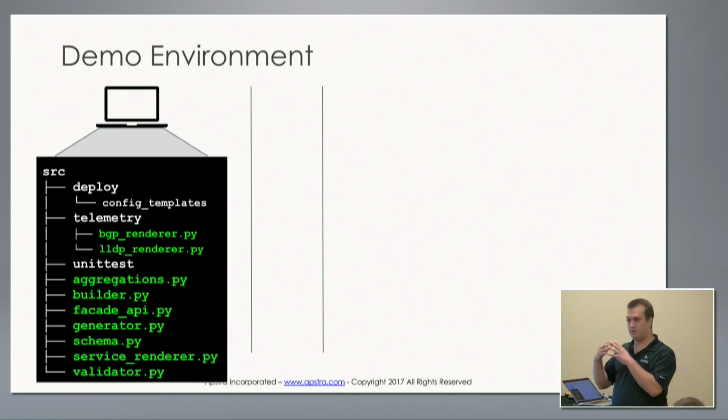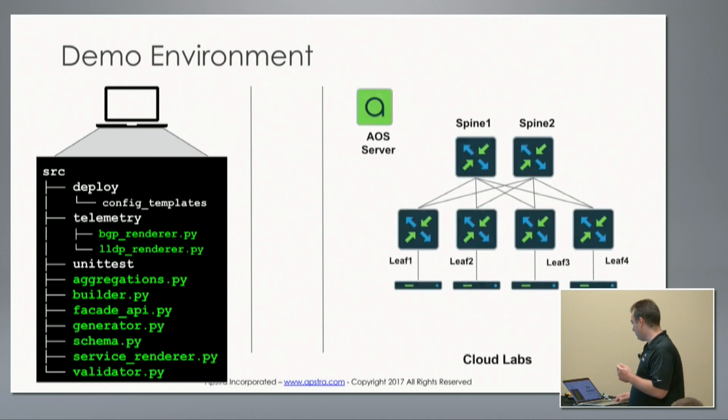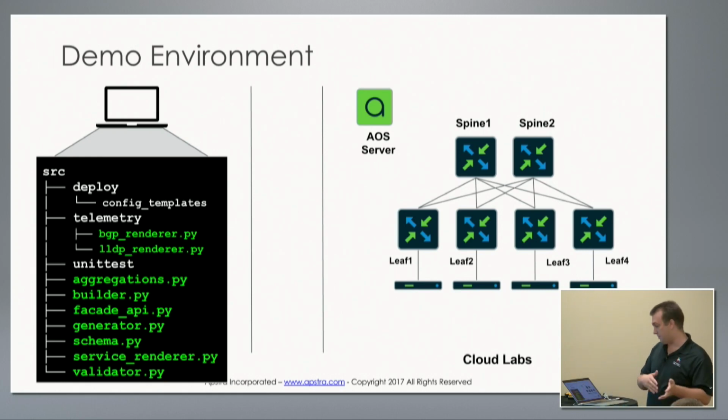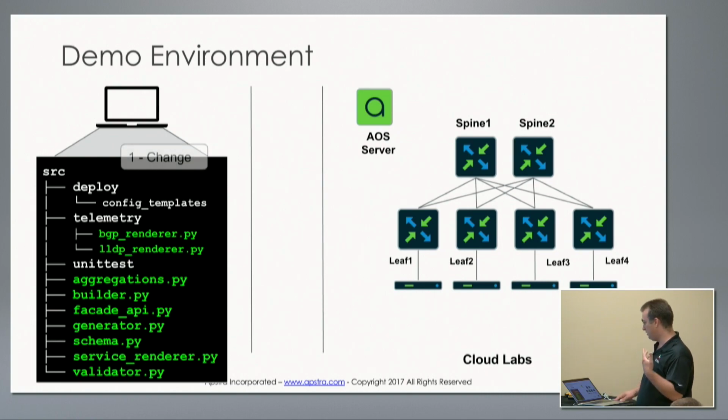As part of that, we have the configuration templates, the code that renders the variables. All of that is sitting on my laptop. And I'm going to use a virtual topology sitting in the cloud with 2 spines, 4 leaves. And next to them I also have my AOS server. So every time I do one of those demos, I will change the code locally and I will deploy.